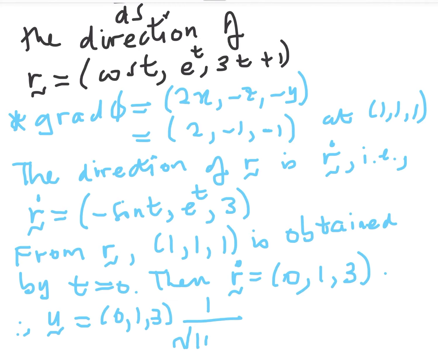So that is the square root of 10. So there's the vector u, the direction in which the grad of phi is determined. So d phi ds then is the grad of phi dot vector u, i.e. the vector 2, minus 1, minus 1 dotted with this vector u.